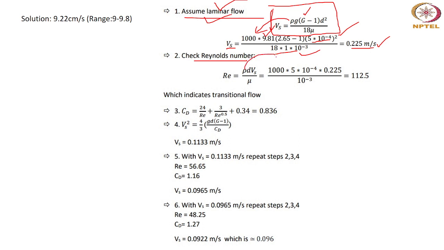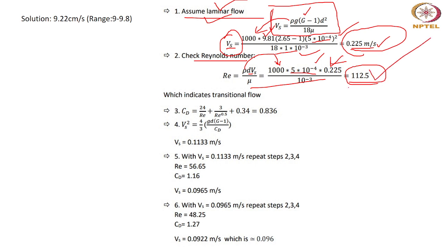The density of water is 1000, and diameter I calculated as 5 into 10 to the power minus 4, and your settling velocity was 0.225 meter per second. Just put the value of mu and calculate. I'm getting 112.5. This is greater than 100, so we can indicate it as transitional flow, not laminar flow.